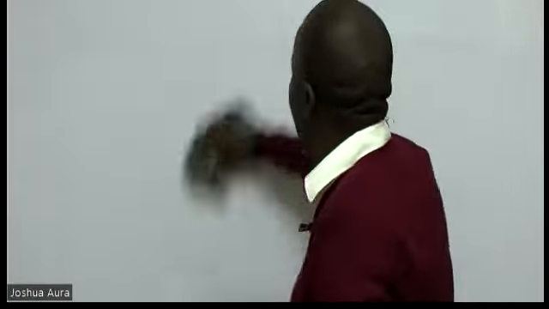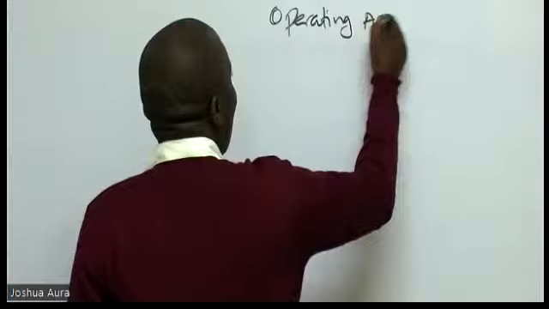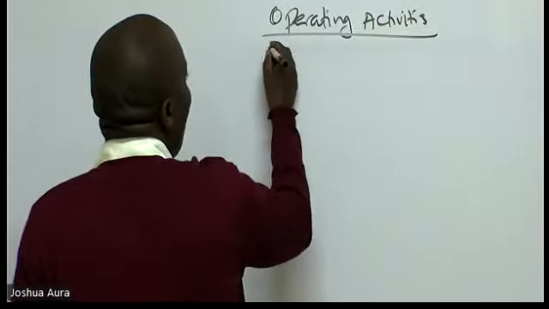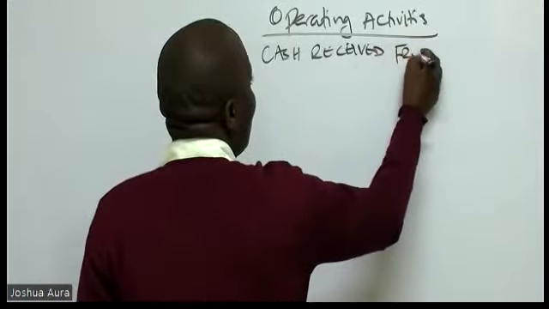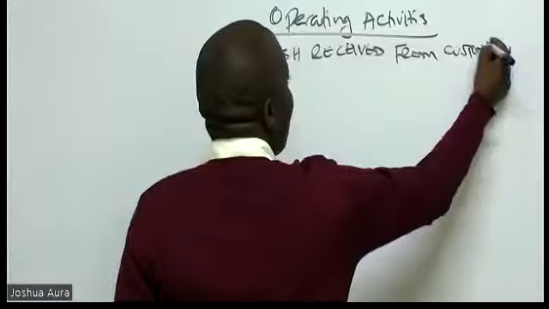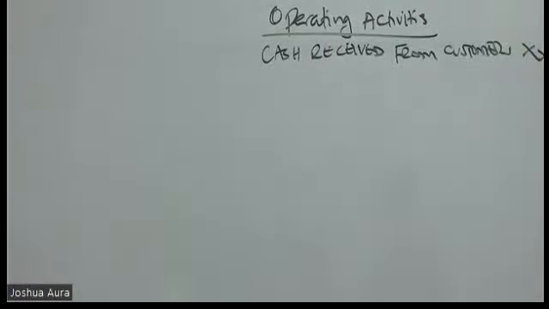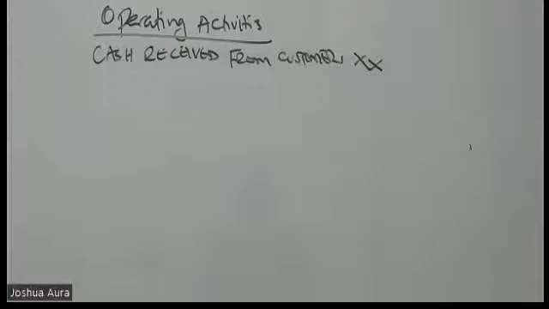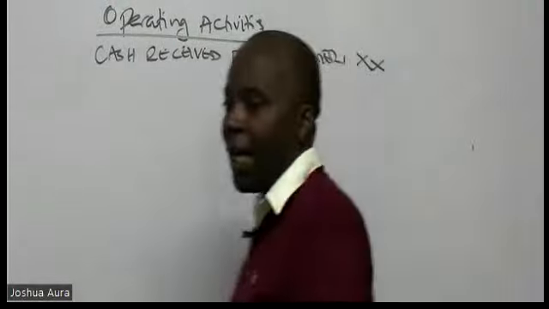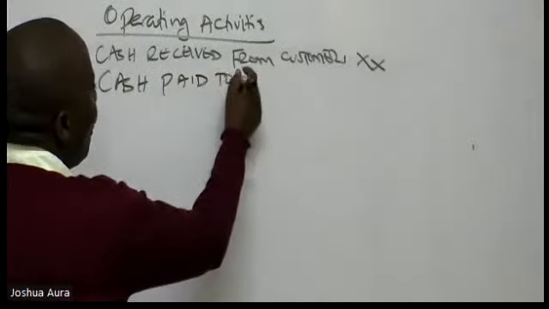In operating activities, number one, we have cash received from customers, which is a very important component. Then we have cash paid to suppliers.